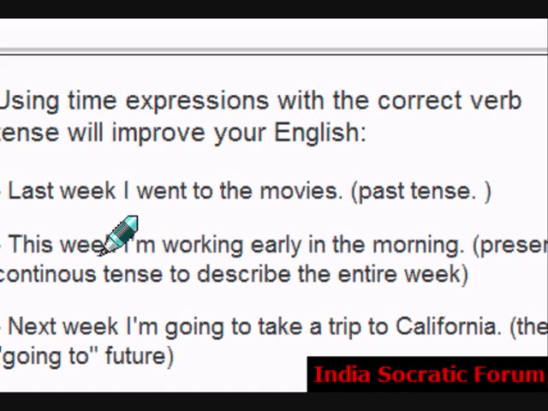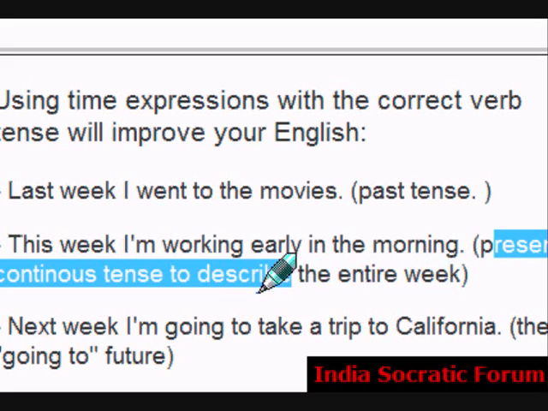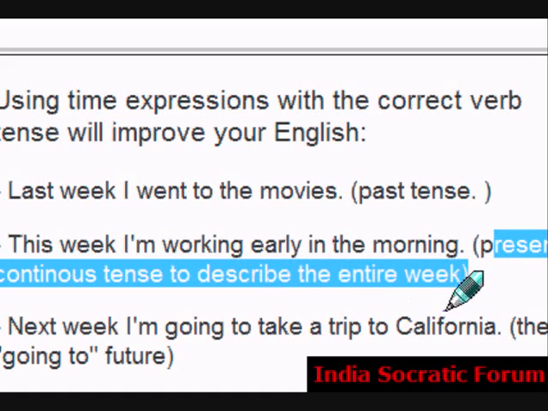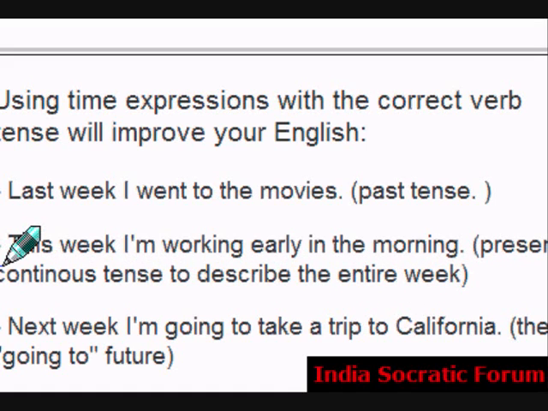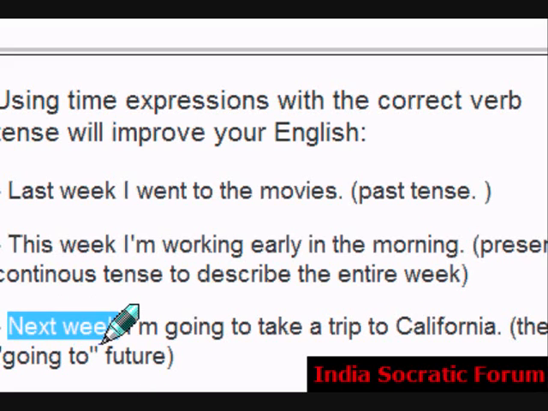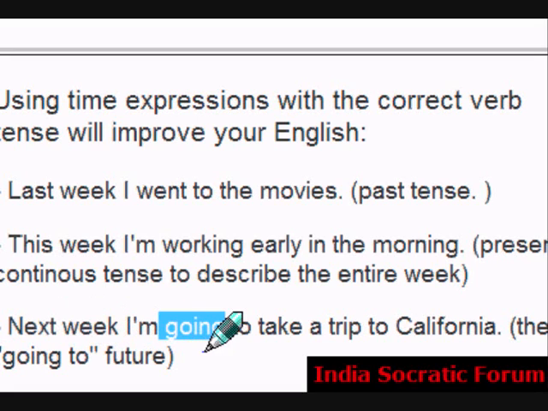This week I am working early in the morning. Look, working. Present continuous tense to describe the entire week. So this week takes the present continuous form. I am working early in the morning. Next week I am going to take a trip to California or Chennai.